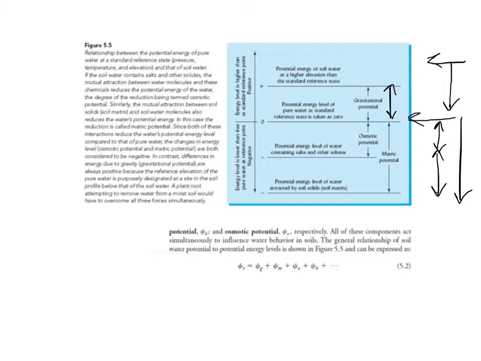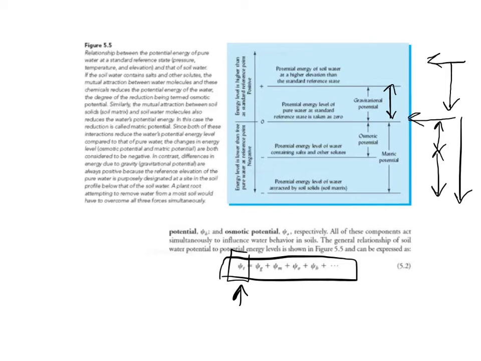So we've got this kind of complicated-looking equation 5.2 here, where we have the idea of the whole water potential, or the potential energy of water. We can sum up all of these factors. This is really how water acts in the soil, which is what we want to get to.